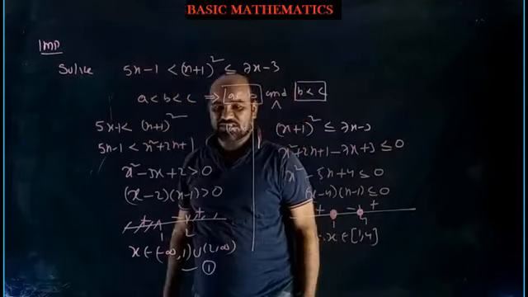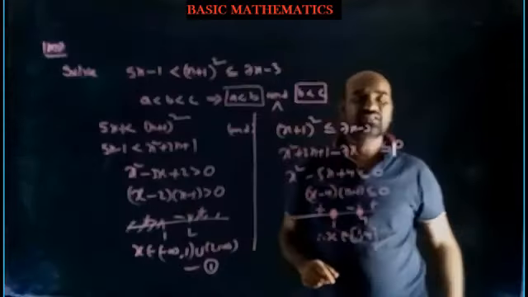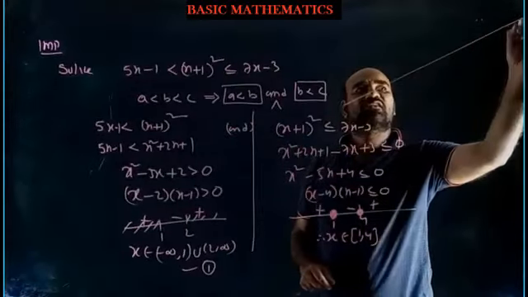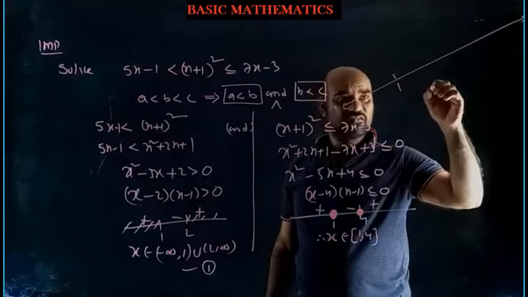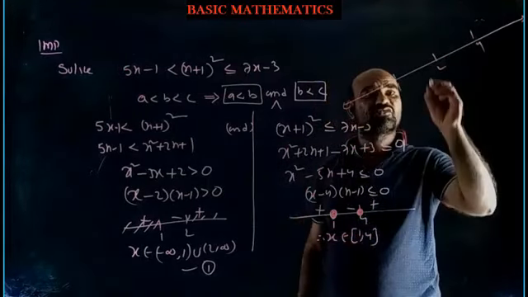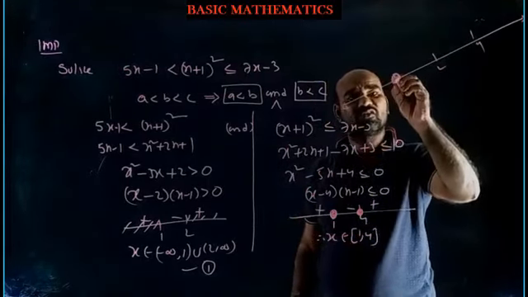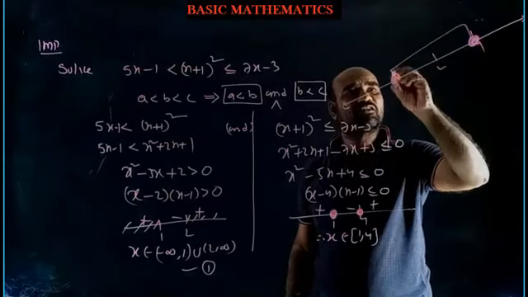Now I want to finalize. It means you want to find the intersection of these two. That is the solution of the problem. Now I want to use a number line here: 1, 2, 4. This says that your solution is from 1 to 4, including 1 and 4.